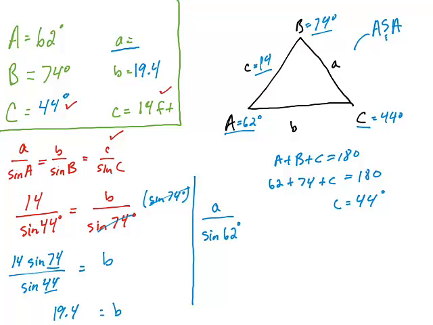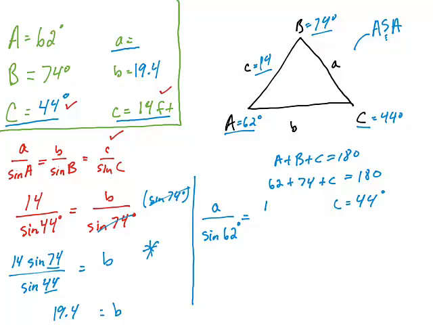You don't need to put the missing value in one of the numerators, but I found it requires us to take one less step when we're solving. And then what I always like to do is use the given ratio, because if I use the b's here, while it would work, maybe I made a mistake in this first calculation, so I want to use what I know to be true.